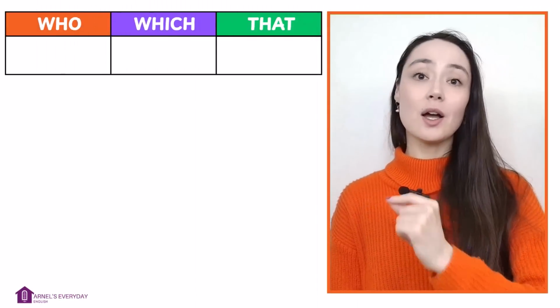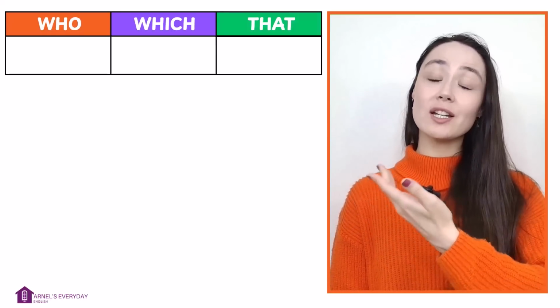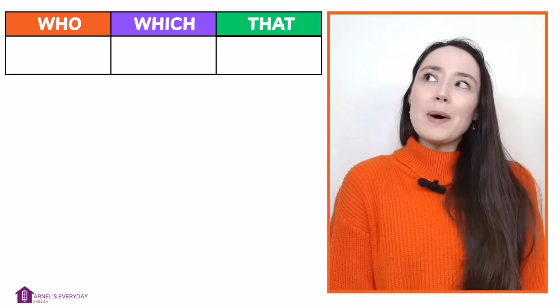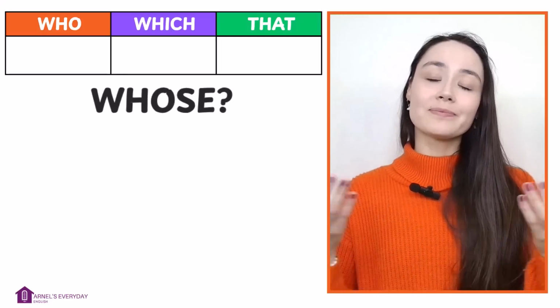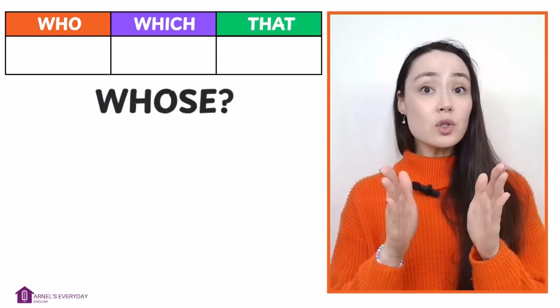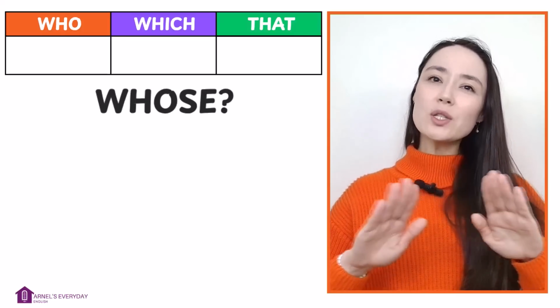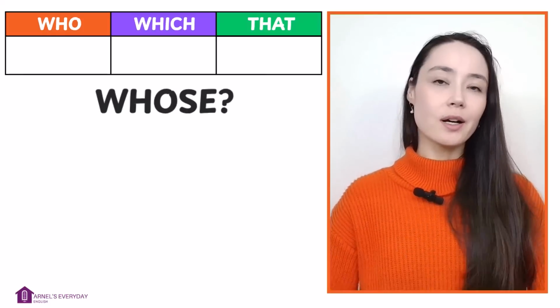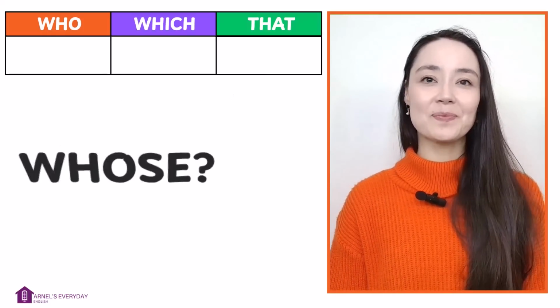Relative pronouns: who, which, that. But what about other relative pronouns like whose? When it comes to reduced relative clauses, whose is not relevant. We do not reduce whose clauses. So today, I'm not going to discuss that one.